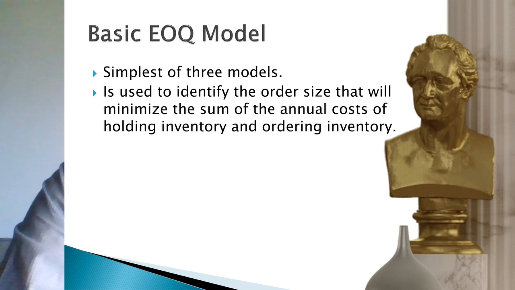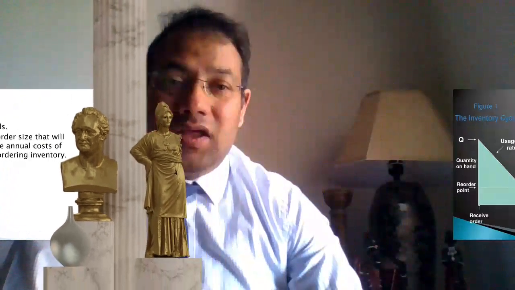If you order frequently, you have ordering cost. If you order more, you have holding cost or carrying cost or storage cost. So these two costs, ordering and holding, define the total inventory cost, and you want to minimize these costs, and the EOQ model helps you to know how much you should order.